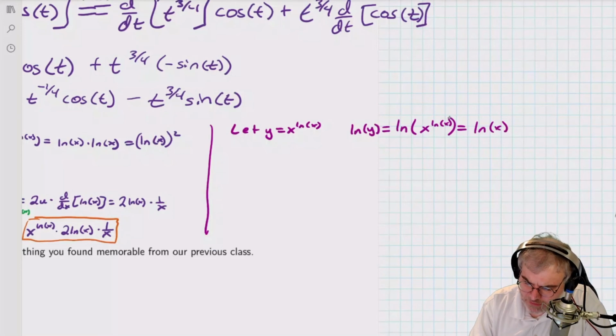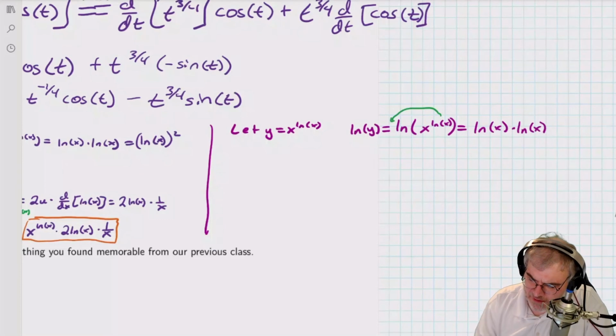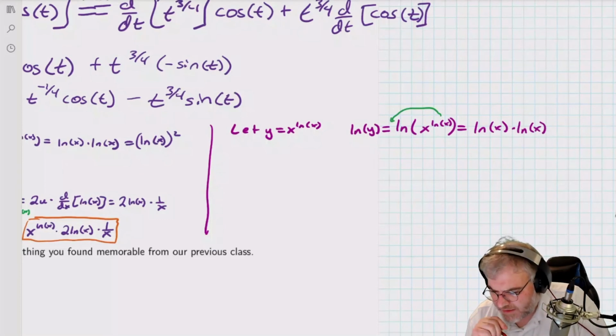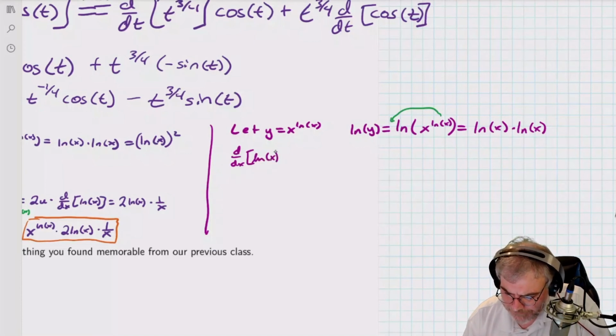No calculus, the only thing that's happening is algebra here, times ln of x. Now, I can make that ln of x squared, which is what I did before, but I'll just do the product rule this time. So I'm going to take the derivative of both sides, d over dx of ln of y equals d over dx of ln of x times ln of x.